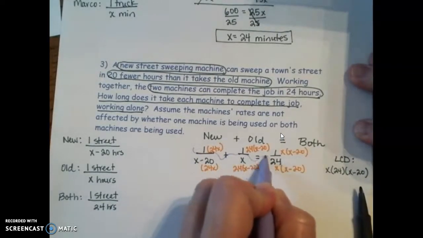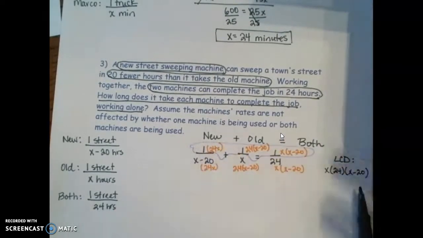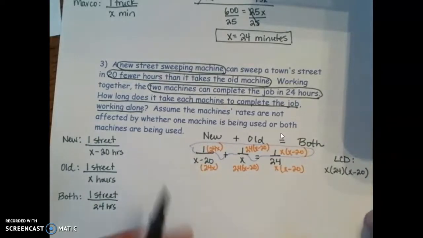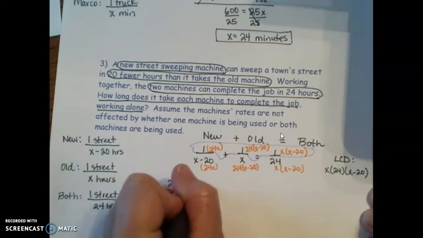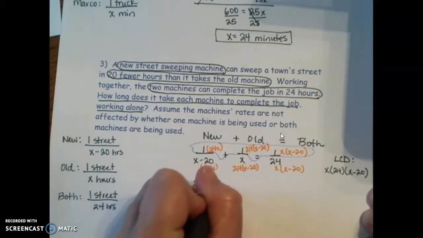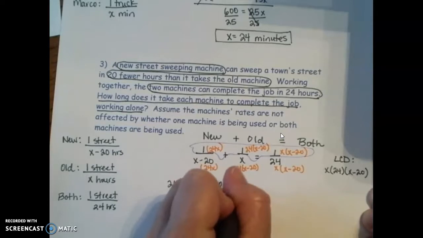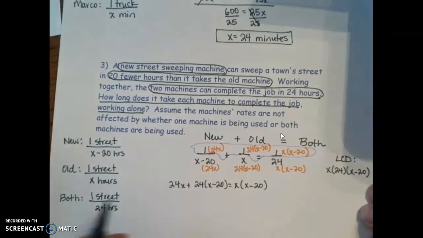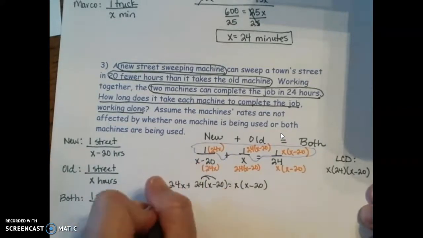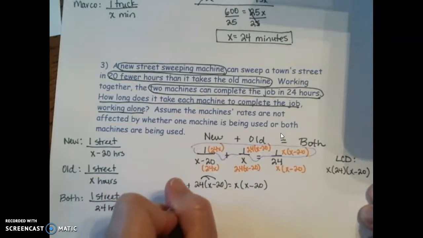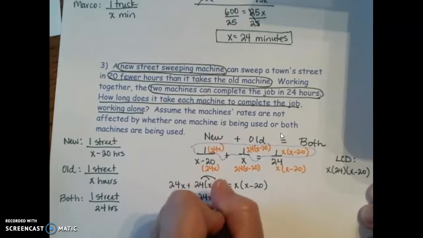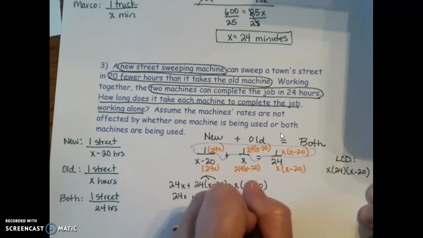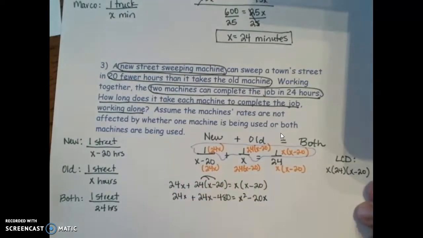So I'm going to go across and I'm going to circle all the numerators to create my equation. So we're going to have 24x plus 24 times x minus 20 equals x times x minus 20. So I'm going to distribute. That gives us minus 480 equals x squared minus 20x.